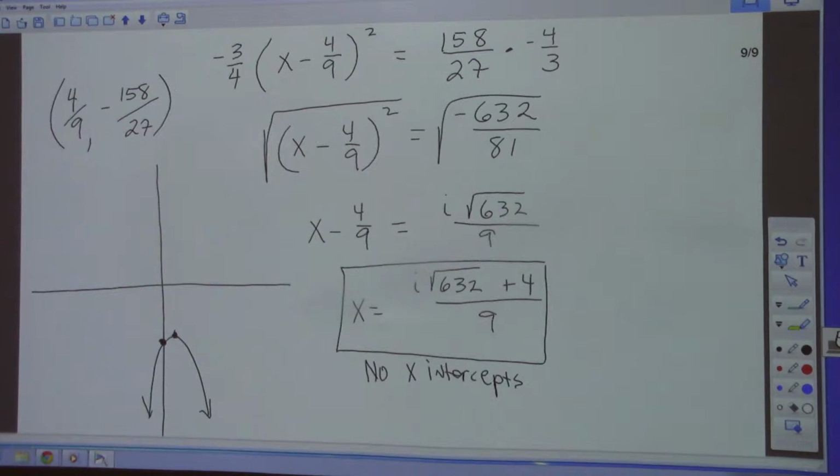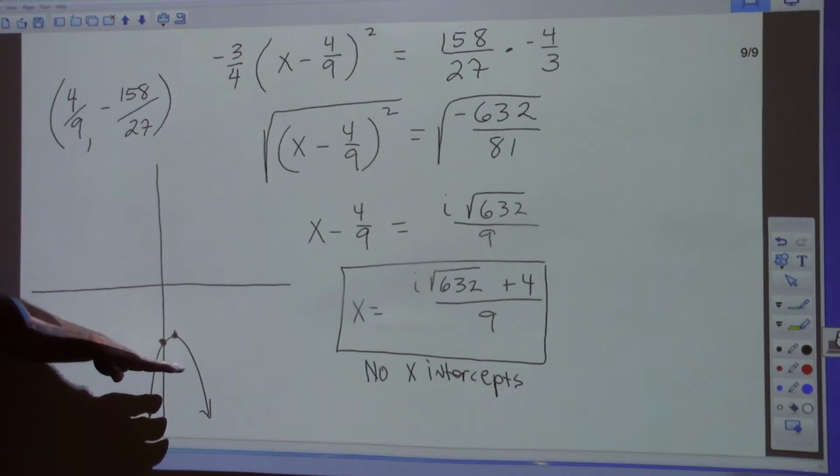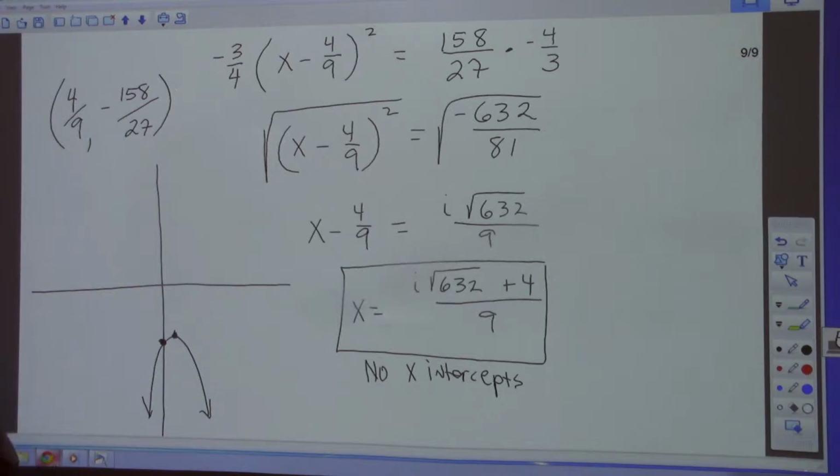Now make sure you know how to complete the square. If you can complete the square and do all of this stuff and find the domain and range, the domain here is all real numbers. The range is negative infinity to 158/27.